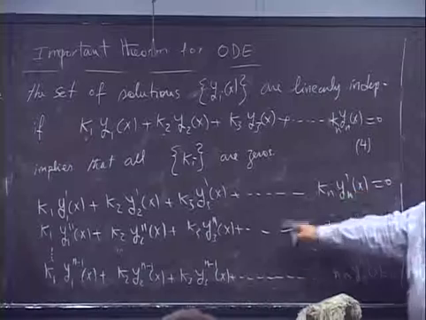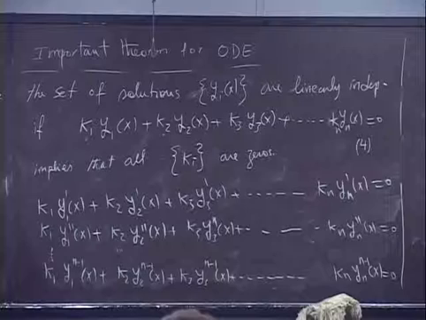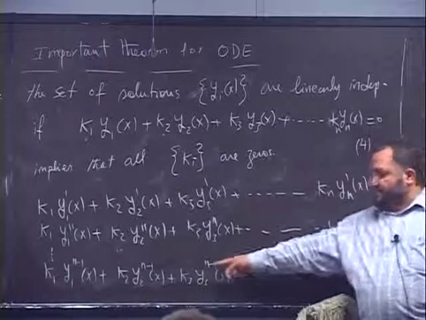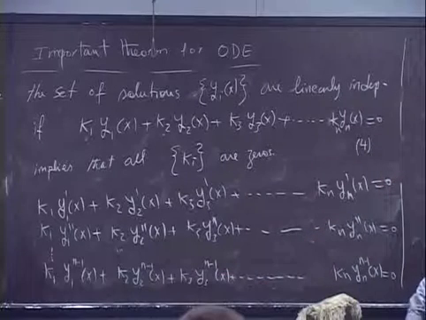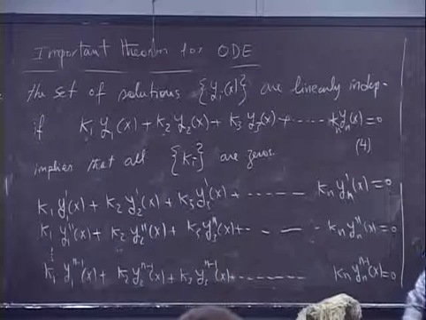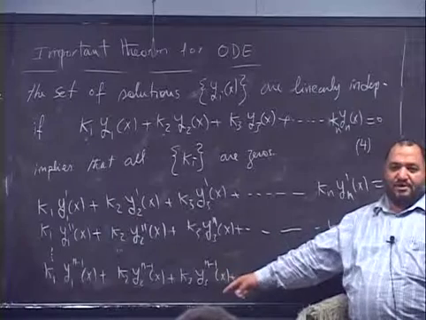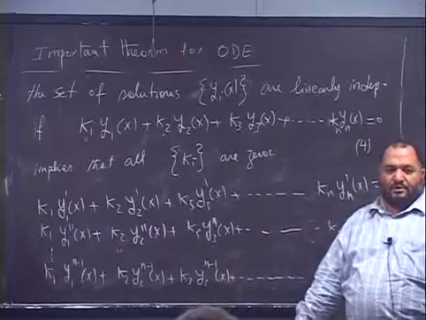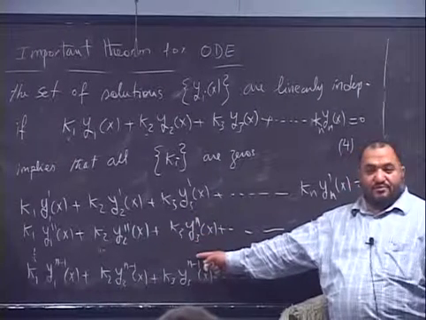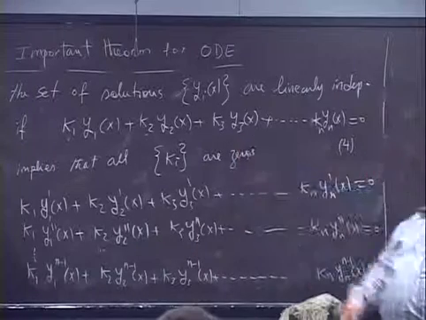How many equations here? Let's say n is 4, so you have 3 derivative equations only, so n minus 1 equations, and together with the original this will make them n equations. So if n equals 4, you will have the first derivative, second derivative, third derivative, and then the original equation, so 4 equations.